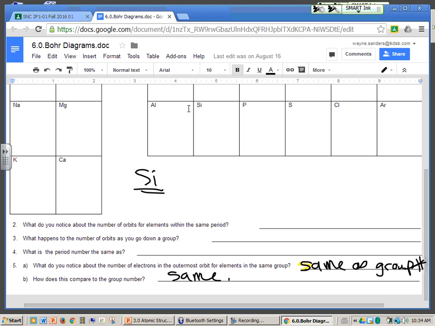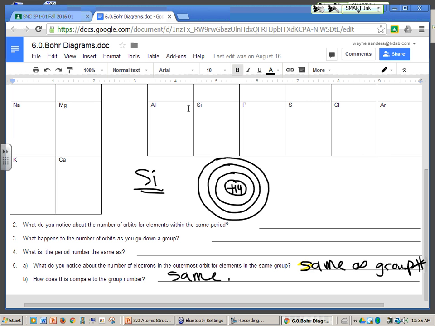Silicon has plus 14. How many orbits is silicon going to have? It's going to have 1, 2, 3 orbits.